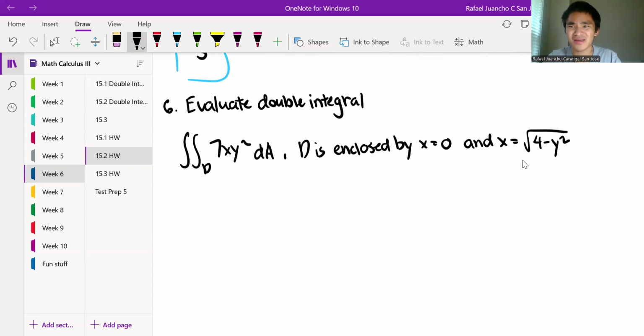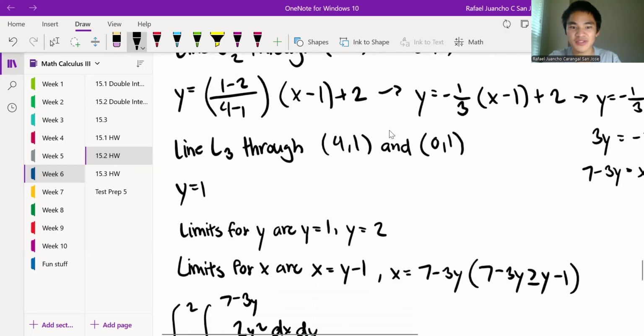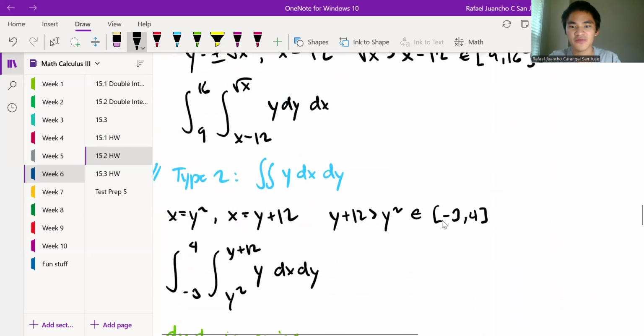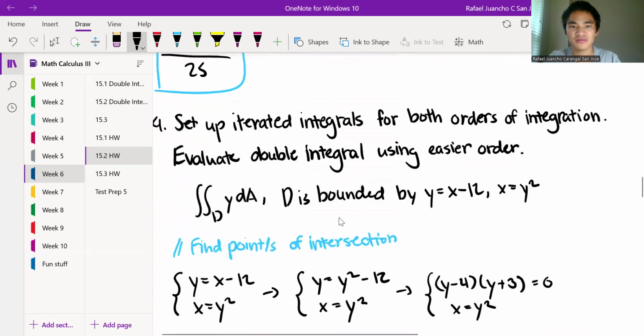Right? But that was my y. That's another story to tell. So I have my x bounds, but I don't have my y bounds. Here I have my y bounds somehow with the vertices, through here.